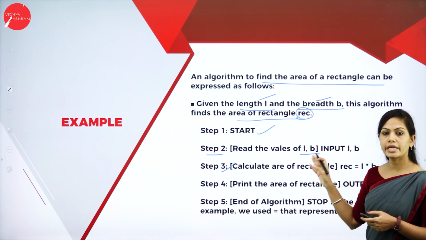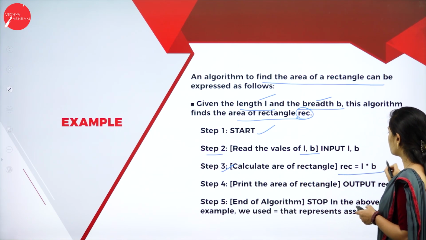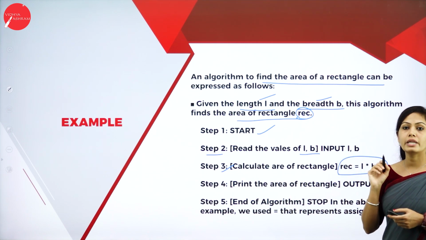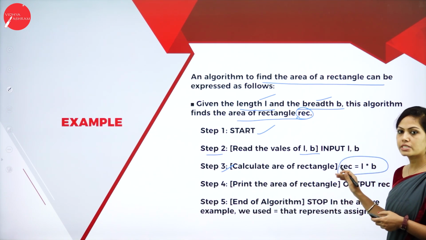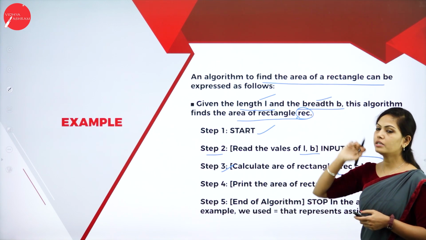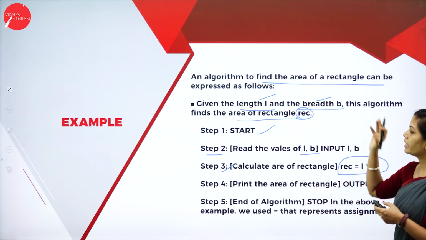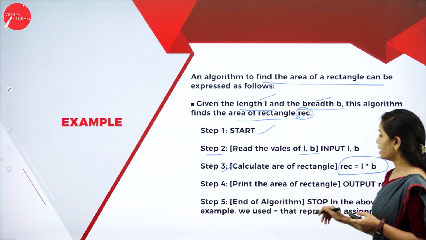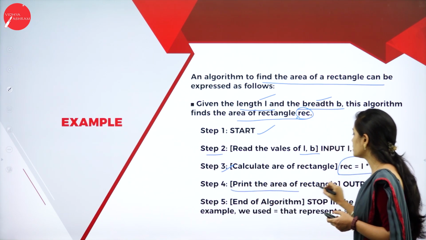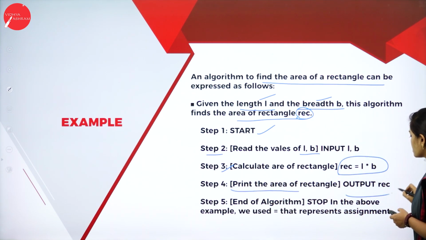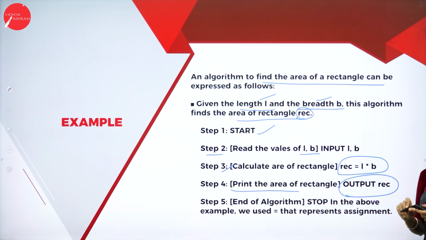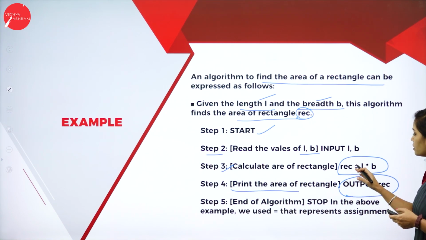For calculating it, we can use this formula, rect is equal to length into breadth, right? So this is the logic of this given data for finding the area of the rectangle. And finally, print the area of the rectangle, that is the output as rect. So we can print the output as rect.